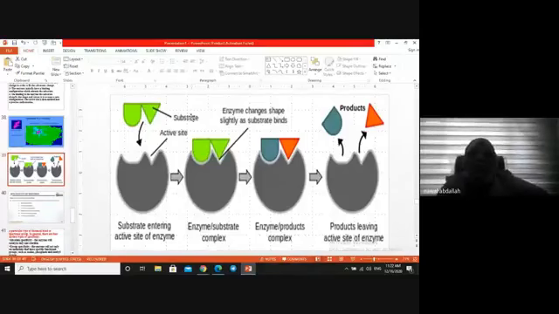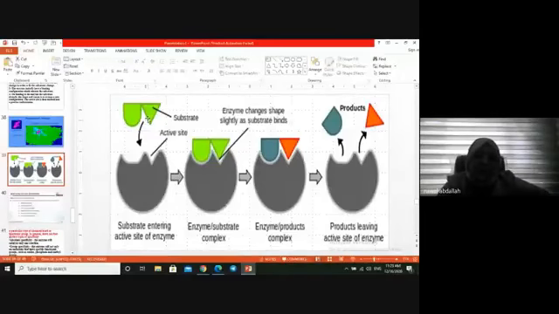But when the substrate reacts with the amino acids in the active site, as we see, forming peptide bonds, the enzyme changes its shape tightly as the substrate binds, forming the enzyme substrate complex.